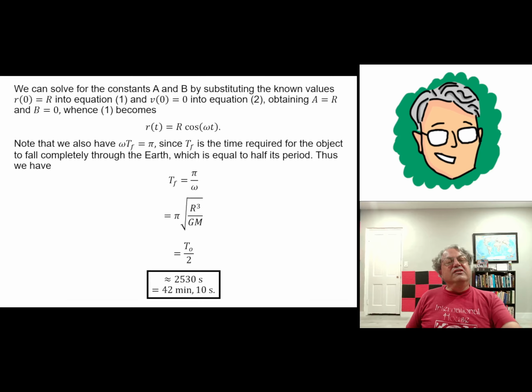And what that means is if you want to know how long it takes for the object to come back after you drop it through the tunnel, it would come back at exactly the same time as it would take for a satellite to orbit all the way around the Earth.